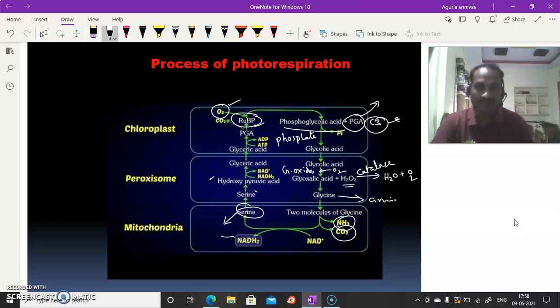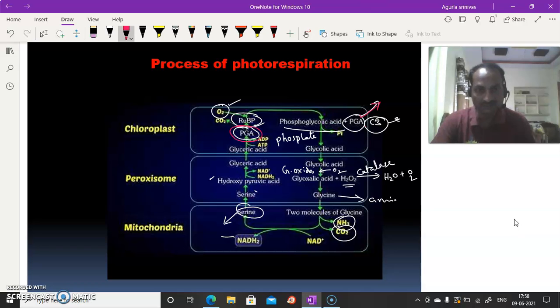Okay, this glyceric acid enters into the chloroplast, where it is phosphorylated by ATP and forms phosphoglyceric acid. Just observe this pathway. Through all this pathway, what is the final product? Phosphoglyceric acid. During the first reaction, one molecule of phosphoglyceric acid was formed already.